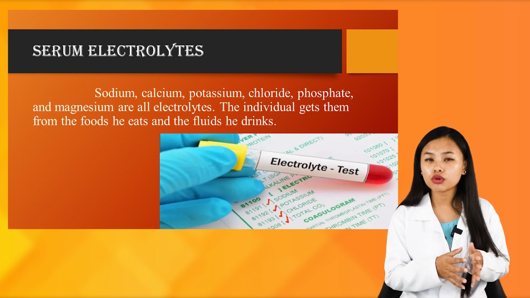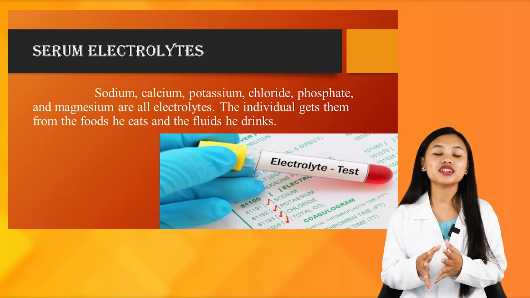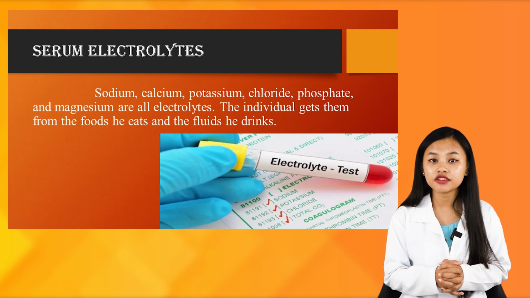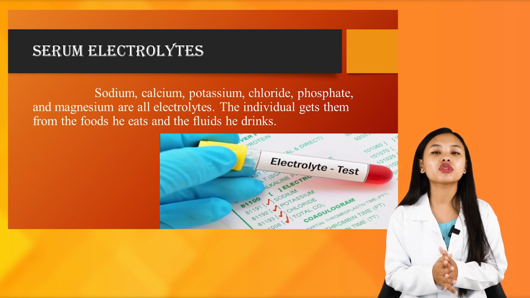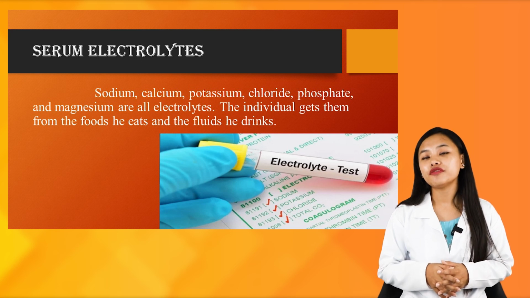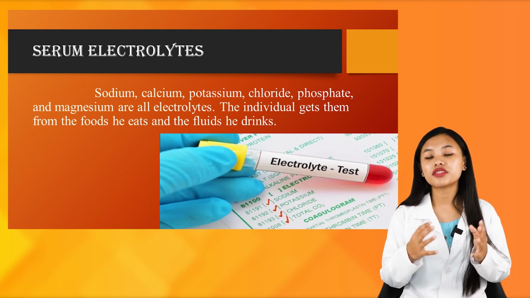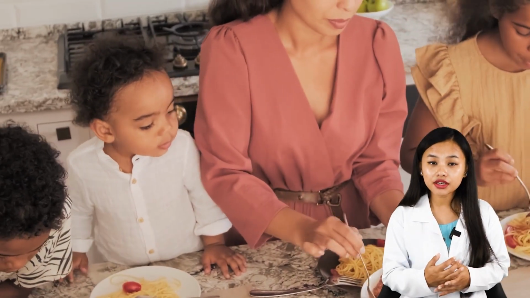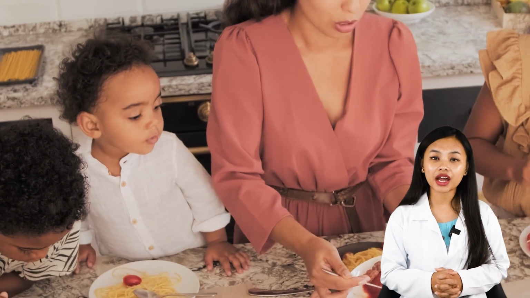Here, sodium, calcium, potassium, magnesium, chloride, as well as phosphorus are all electrolytes. Each and every individual gets these electrolytes either from the food that they eat or the fluids that they drink. So the level of electrolytes in the body can sometimes become too high or too low depending on what we eat or drink.